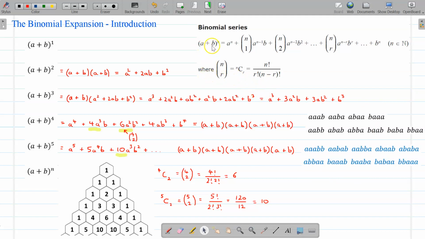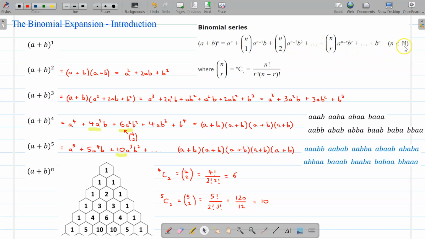So a plus b to the power n can be written as a to the n plus, this is nC1, this is nC2, this is nCr up to whatever number you're going to. And you notice how the powers of a go down as the powers of b go up. So here we've got a to the 4, a to the 3, a to the 2, a to the 1, whereas the b is going up, b to the 1, b squared, b cubed, b to the 4. So there's a kind of pattern to follow there.